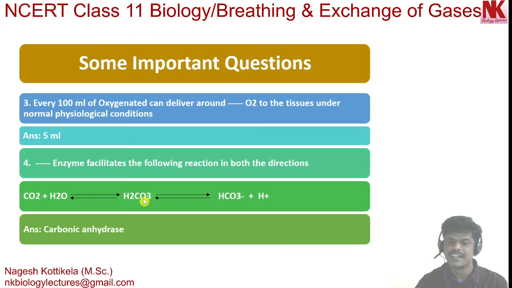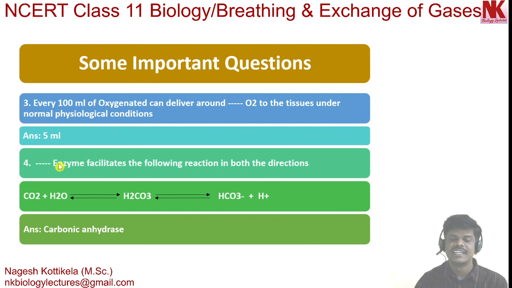After this, let's proceed with the next question. Every 100 ml of oxygenated blood can deliver around dash oxygen to the tissues under normal physiological conditions. Answer is 5 ml. So every 100 ml of oxygenated blood can deliver around 5 ml of oxygen to the tissues under normal physiological conditions.